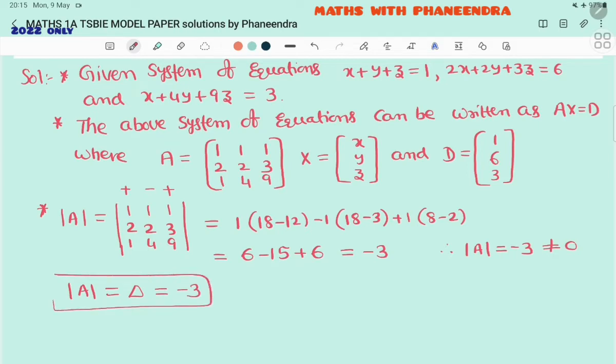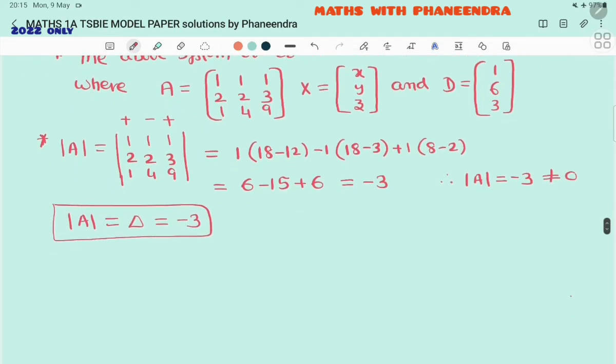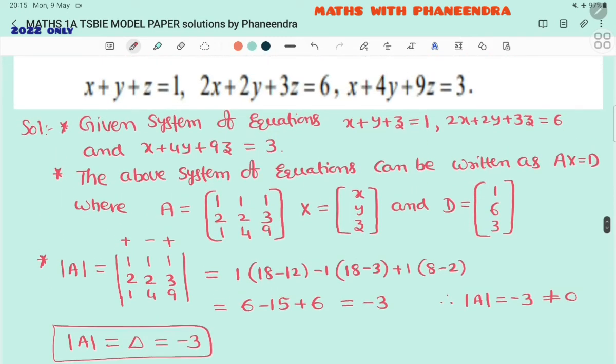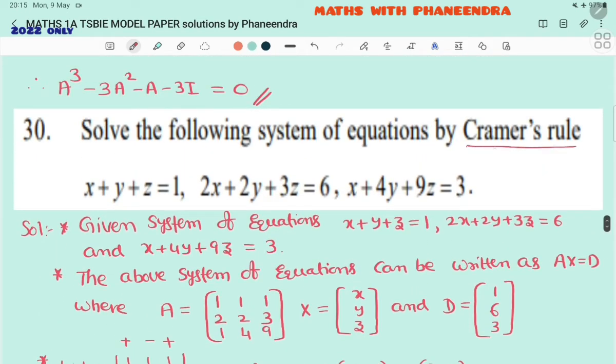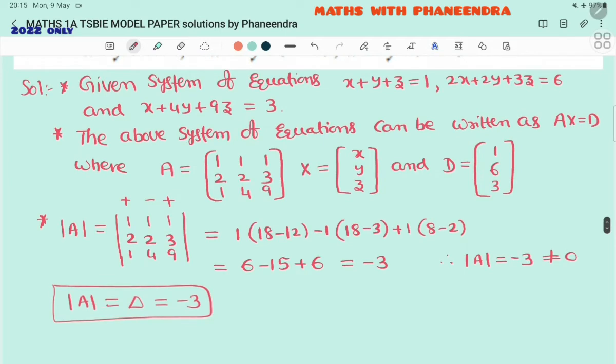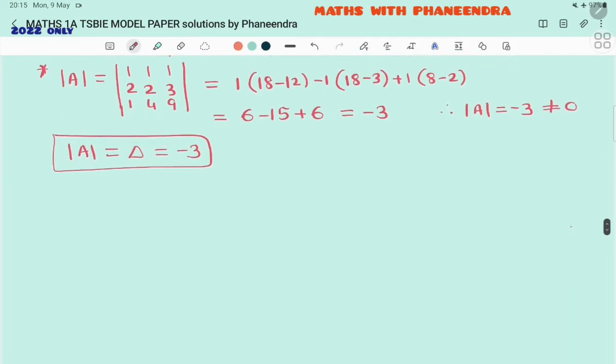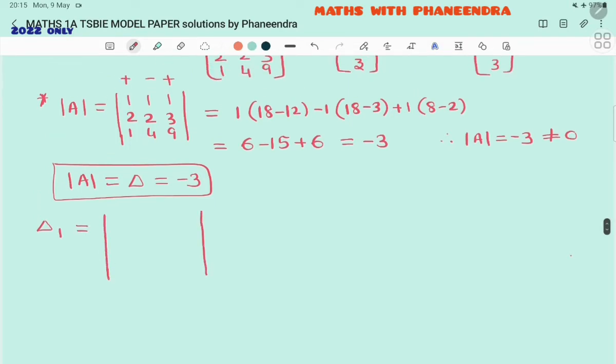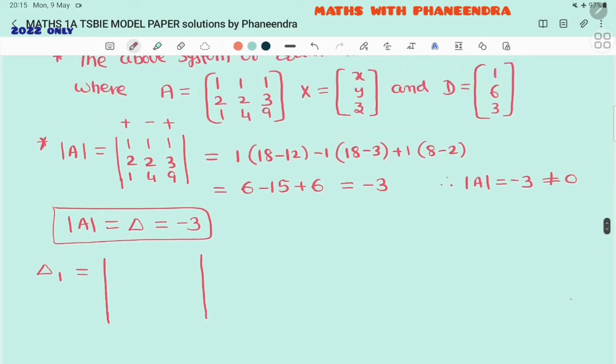Keep in mind, dear students. Next, calculate in the Cramer's rule. They are asking here Cramer's rule. So in the Cramer's rule, x, y, z how will it come? Delta 1, delta 2, delta 3 calculate. So delta 1 is equal to determinant of the first column replaced by constant matrix 1, 6, 3. The first column replaced with 1, 6, 3.